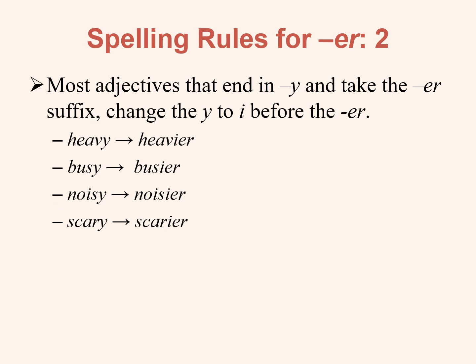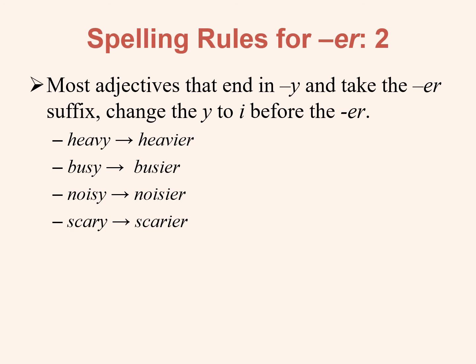One additional spelling rule for descriptive adjectives is that adjectives that take the -er suffix, if they end in y, most change the y to the letter I before adding the -er. So if you look at the examples here, heavy ends in the letter y, we change the y to the letter I and then we add the -er.